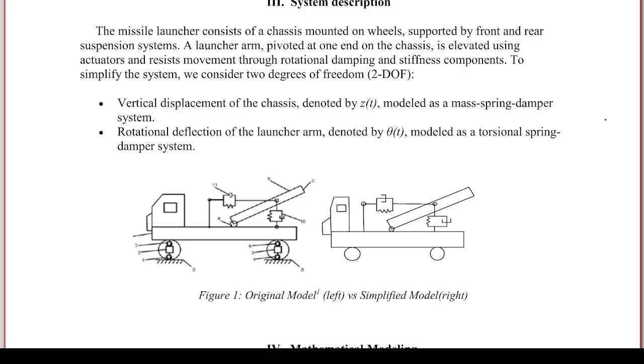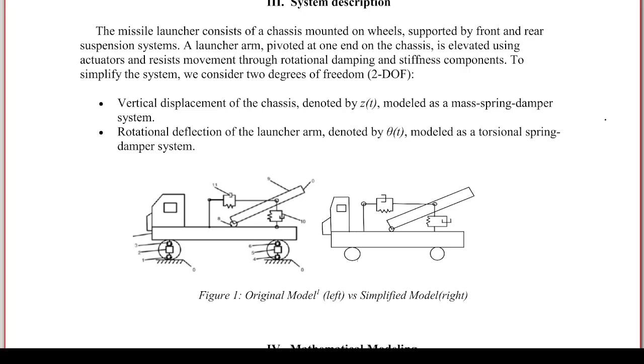instead of studying all the parameters of the launcher system, which would be too complicated for most of us for our study, we decided to do a 2-degree-of-freedom analysis of the launcher platform, which is one vertical and one rotational motion.